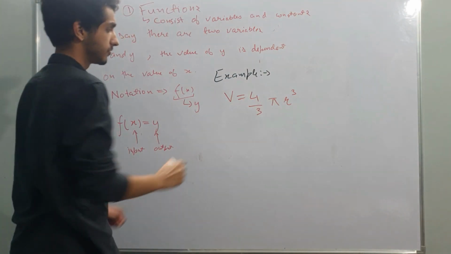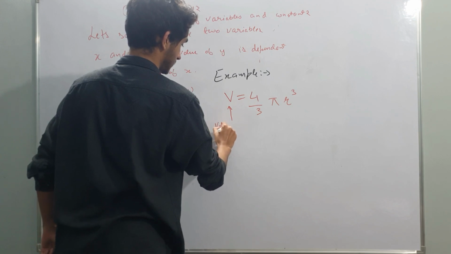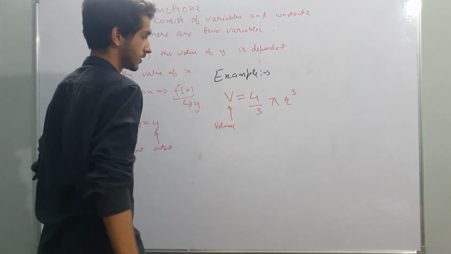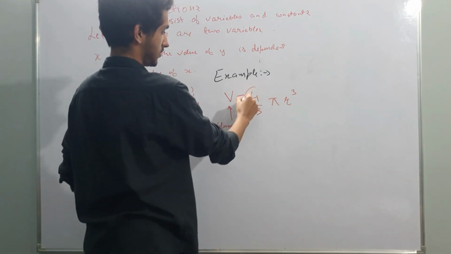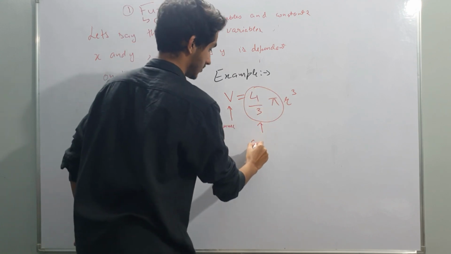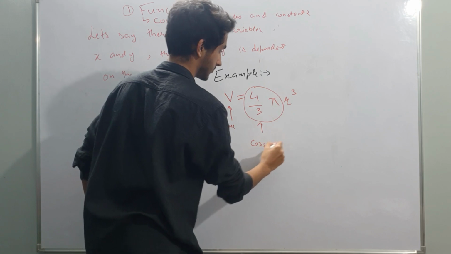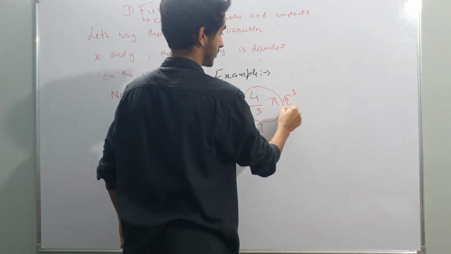So in this specific formula, V is basically the volume of the sphere. Four by 3 pi is actually the constant for this specific formula, and here r is the variable.